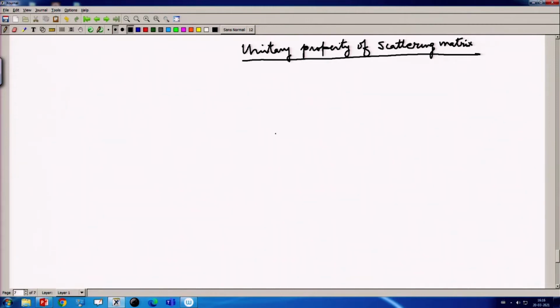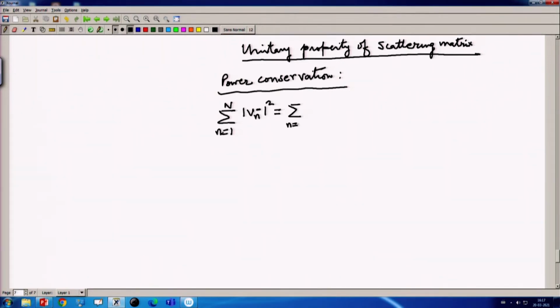Now, the power conservation theorem states that, which physically essentially means that the sum of the incident power, which is appearing on the right hand side, is equal to the total reflected power, which is appearing on the left hand side.